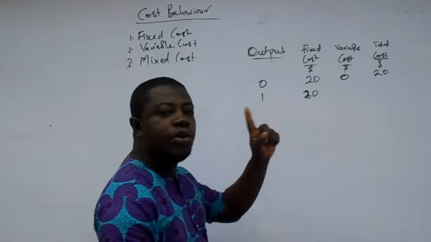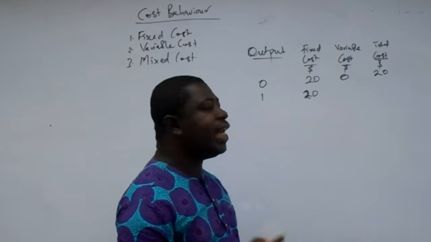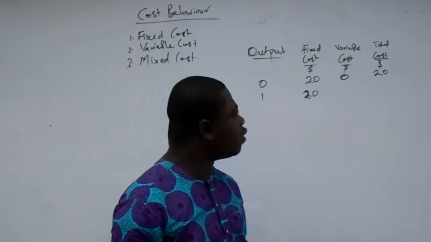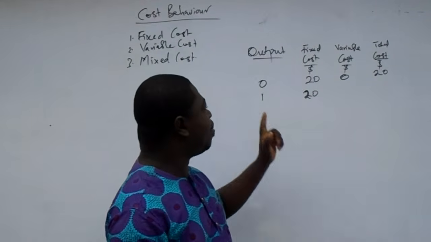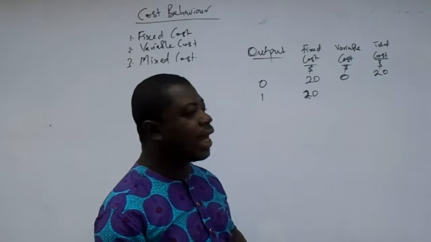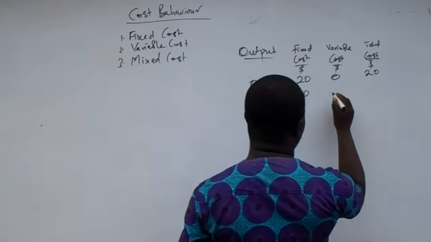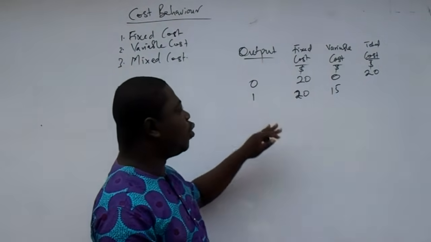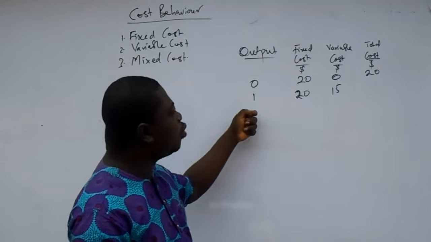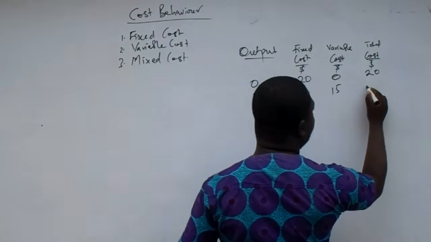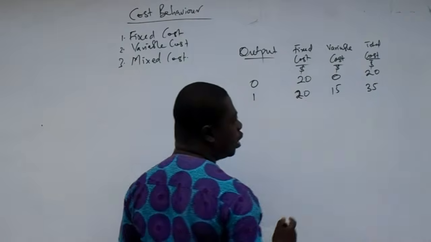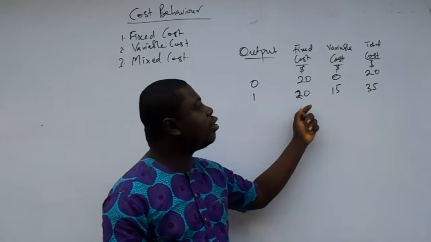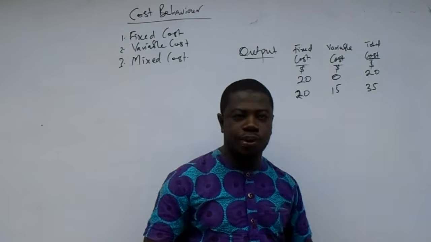And so if they produce every one unit, they incur a variable cost per unit of $15. So we multiply $15 by the output of one unit, and then we have $15 as the total variable cost. And so now when there is an output of one unit, total cost will now be $35, meaning that is the addition of the fixed cost and the variable cost component.